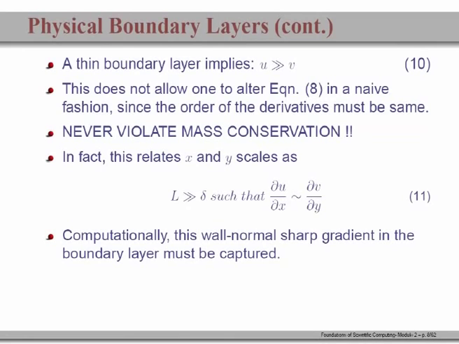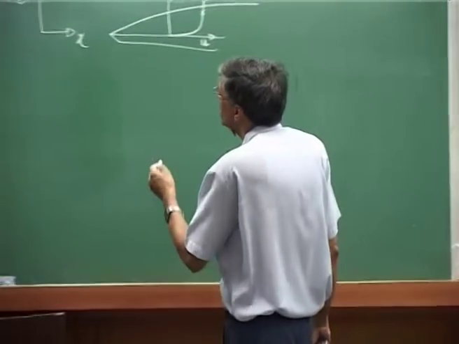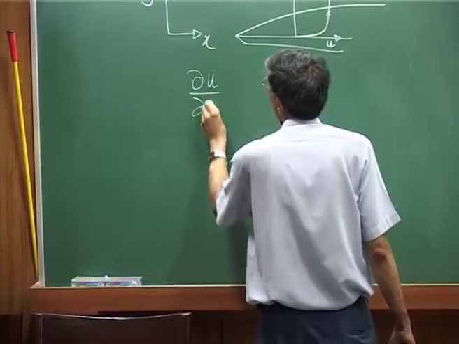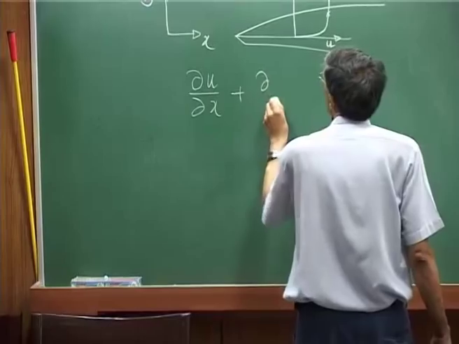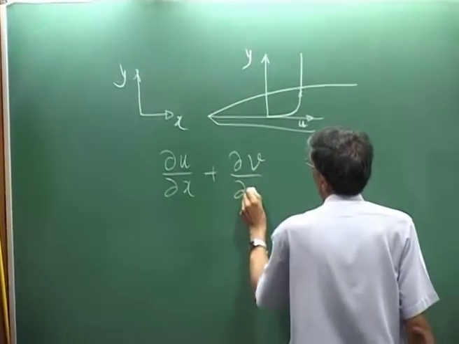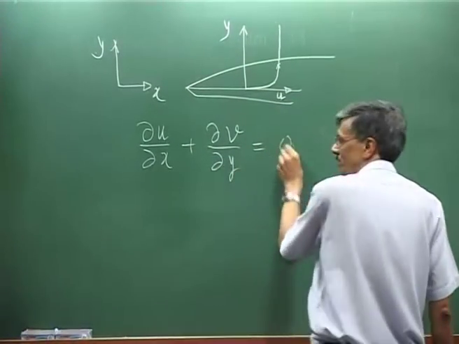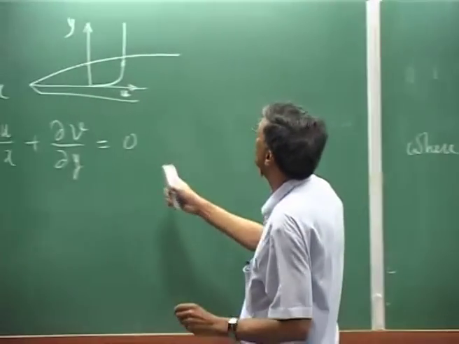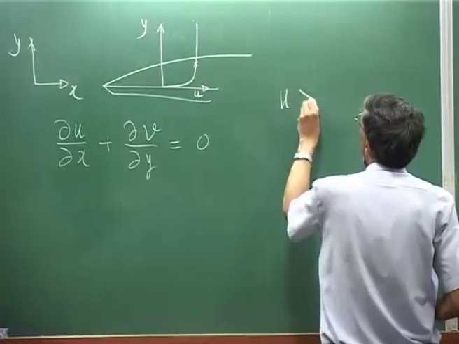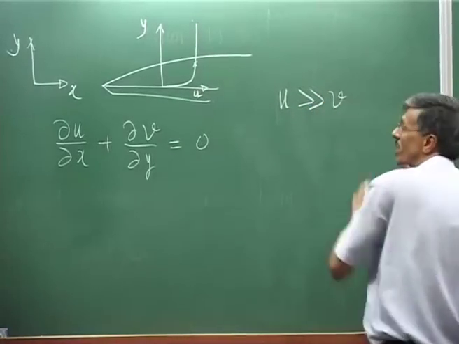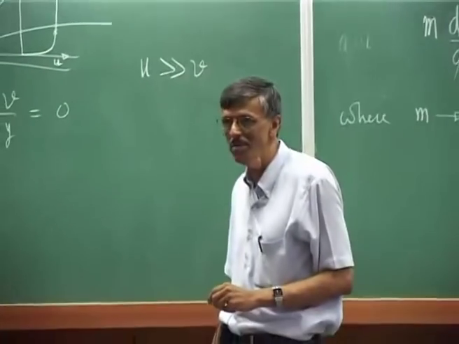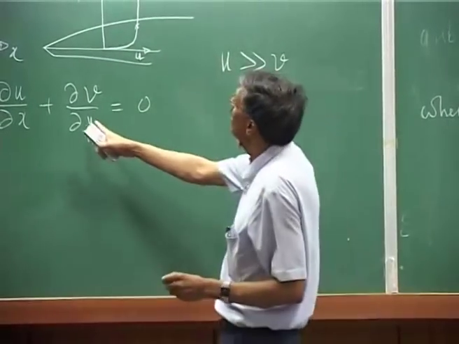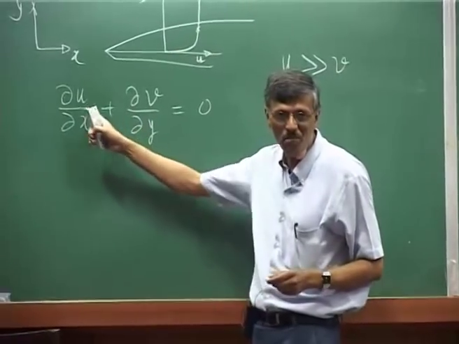Now, if I have such a flow, mass conservation is given by this equation. This is for incompressible flow, and since we have just said u is very large compared to v, you may be tempted to eliminate this term in comparison to this.